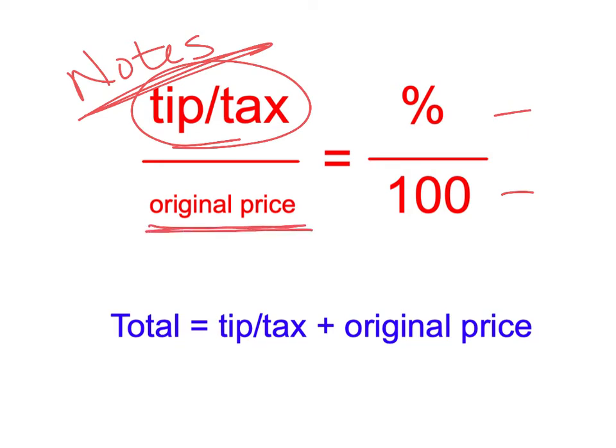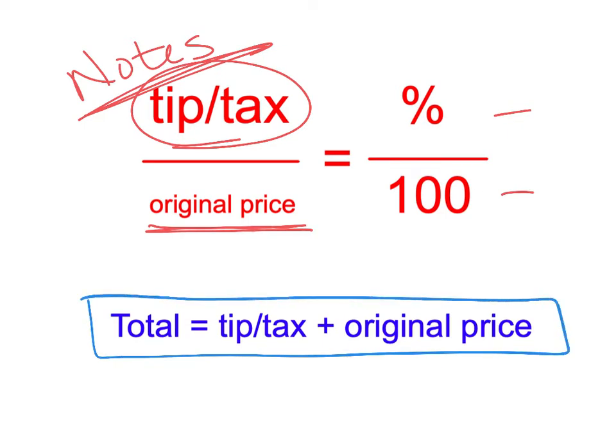And generally speaking, with these situations, we're going to have two problems. We're going to either have to figure out the tax and the tip from the total and the original price, and then do the proportion, or we're going to do the proportion first and then figure out a total.